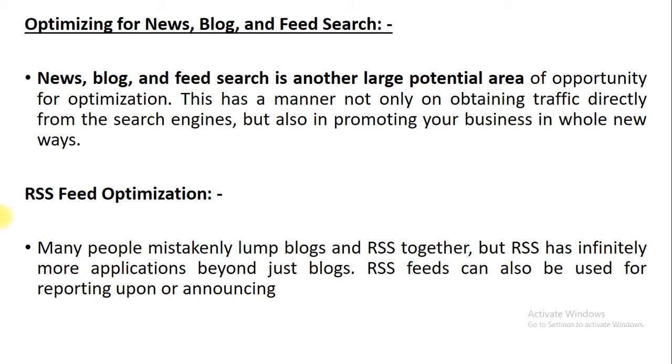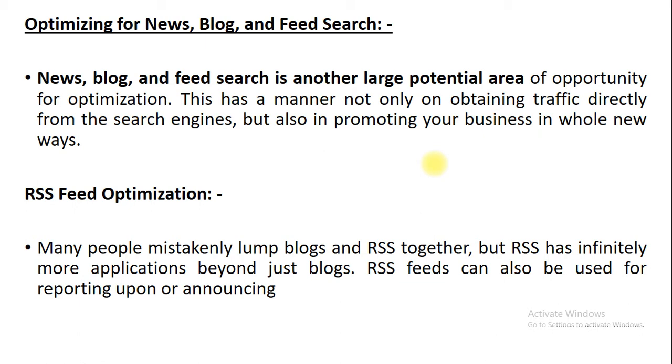News, blog and feed is another large potential area of opportunity for optimization. This matters not only for obtaining traffic directly from the search engine, but also for promoting your business in whole new ways.